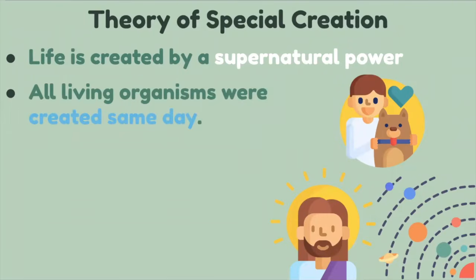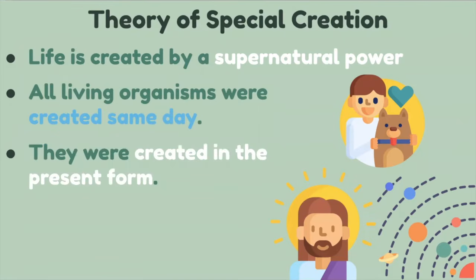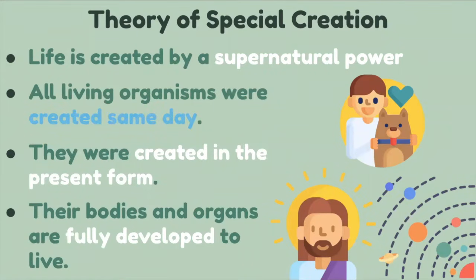This means that there is no difference in their appearance. Number two, they were created in their present form. It means that there is no evolution. And number three, their bodies and organs are fully developed to meet the requirements to run life. So it says that there is no adaptation.